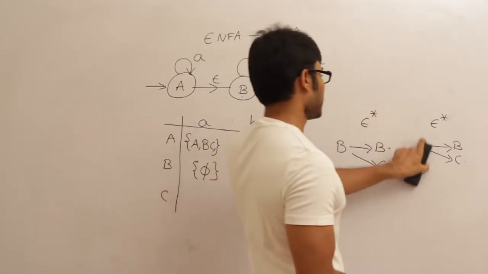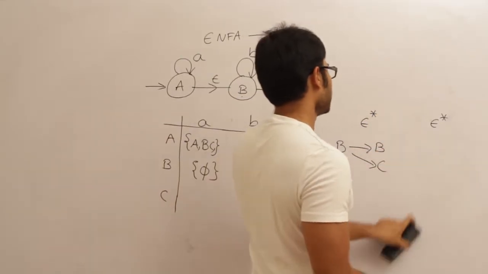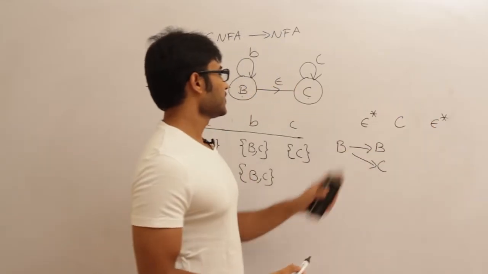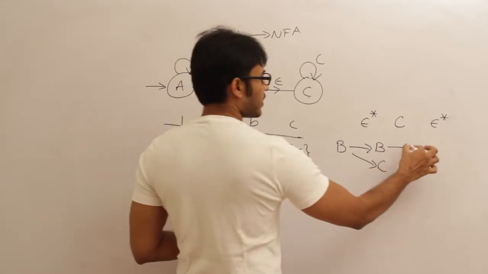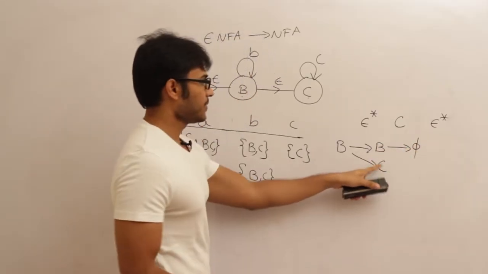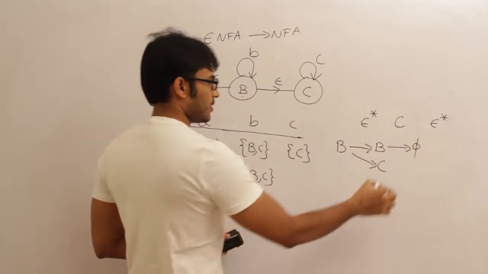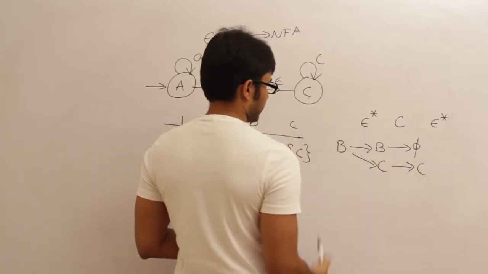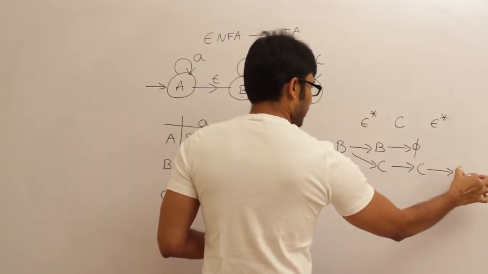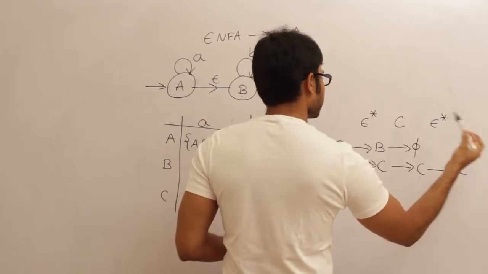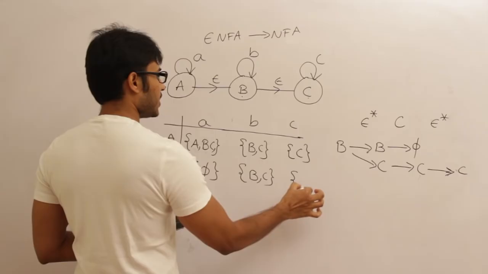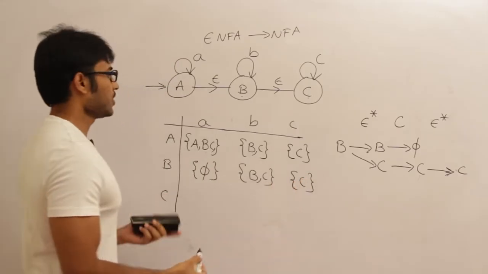And capital B on c. Capital B on small c doesn't have any move, therefore it is going to be phi, and capital C on c is going to be capital C itself, and the epsilon closure of C is going to be C. Therefore I am going to write it as C. What about capital C?